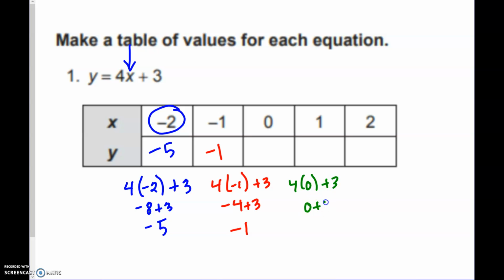So we have 0 plus 3 is 3. Then we have 4 times 1 plus 3. So 4 plus 3 is 7. And maybe you can see a pattern here that every single time they're adding 4, adding 4, adding 4, adding 4. So this last one right here will be an 11.